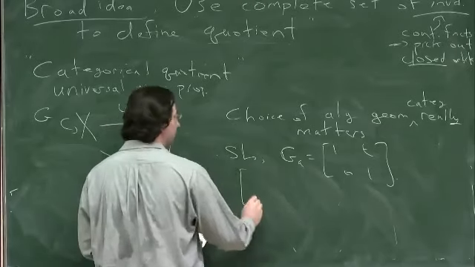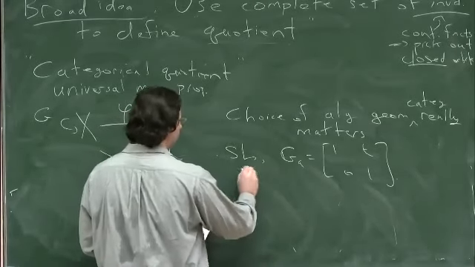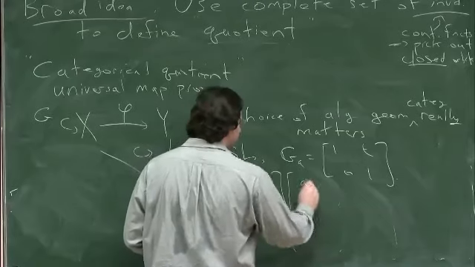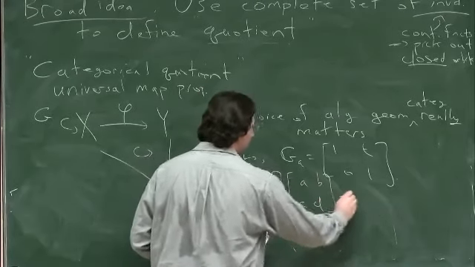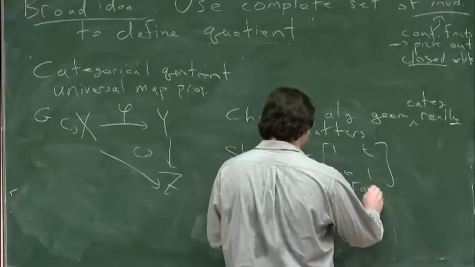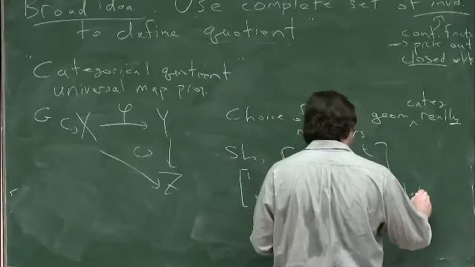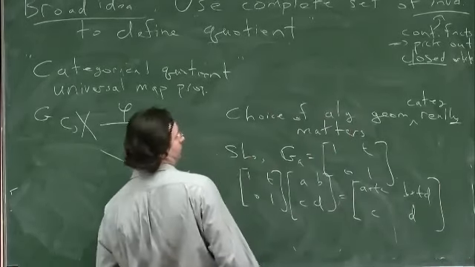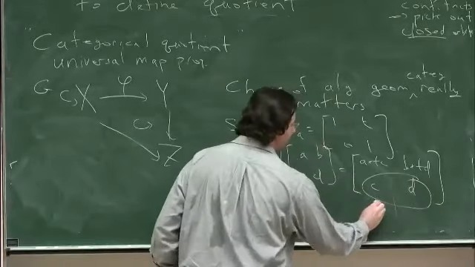That acts on matrices in SL2 in the obvious way, and then you deduce what the invariants for that action are, right? It's just a plus tc, b plus td, and then c, d. So these coordinate functions are invariants.